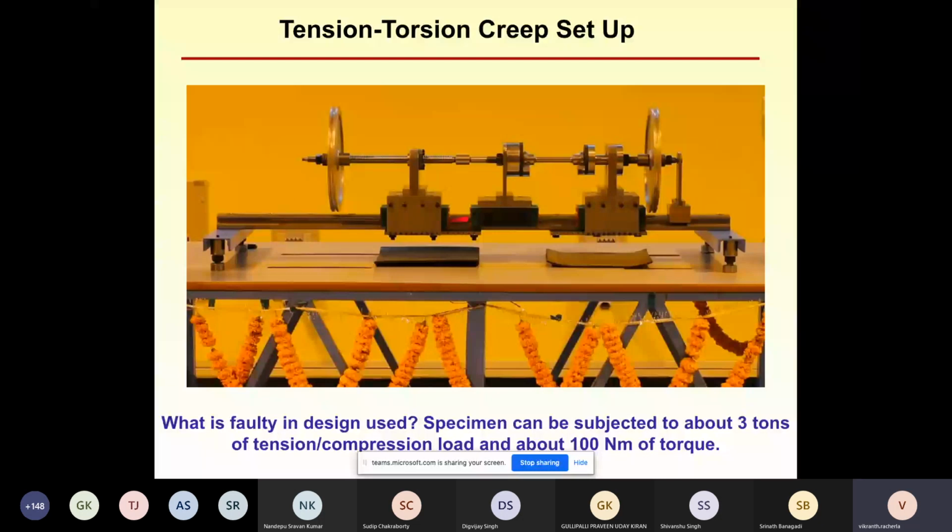The middle rail block is free to translate along the rail, and the outer 2 rail blocks were held fixed to the rail. We had used some plates, and basically we clamped the rail blocks to some plates, and those plates were in turn clamped to the rail. This way we had arrested the motion of the two outer rail blocks.